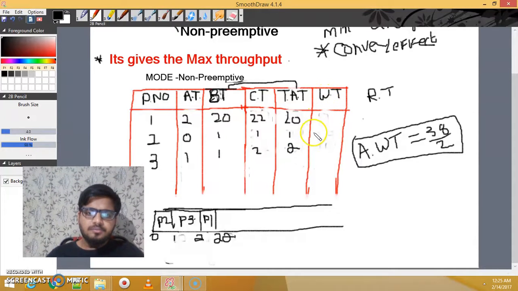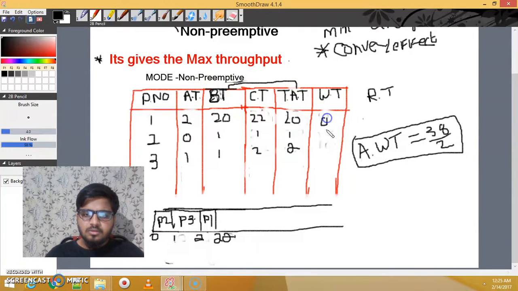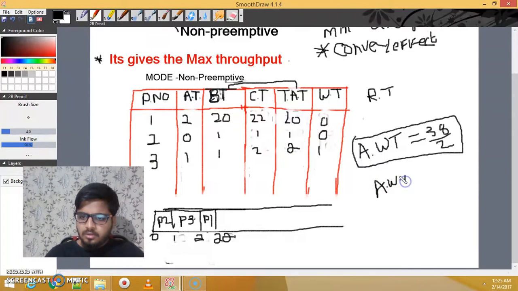Waiting time is turnaround time minus burst time. It is 0, it is 0, and for P3, 2 minus burst time 1 gives 1. So the average waiting time is 1 by 2.